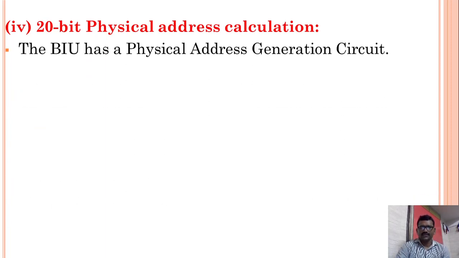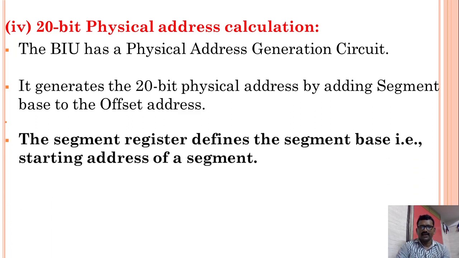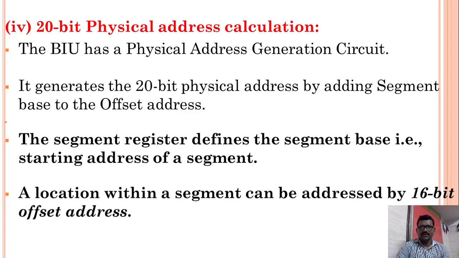The 8086 microprocessor will generate a 20-bit physical address with the help of the 16-bit segment address and offset address. The segment register defines the starting address of a segment, and the offset address will define a particular address in the segment.